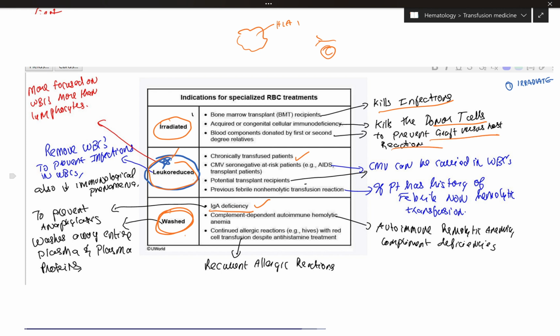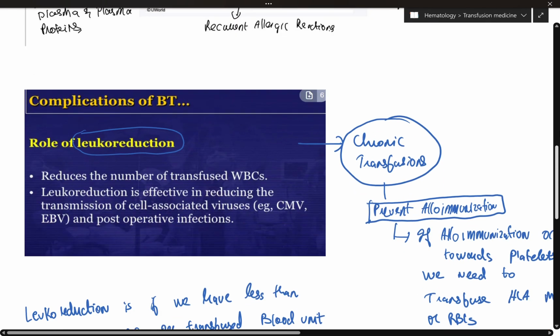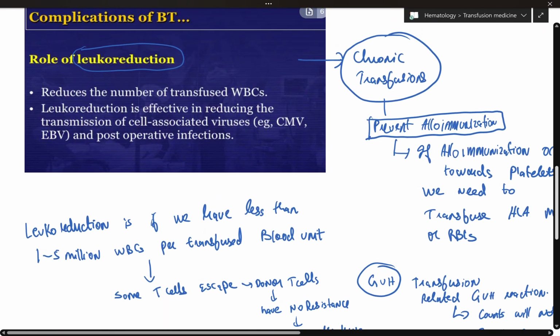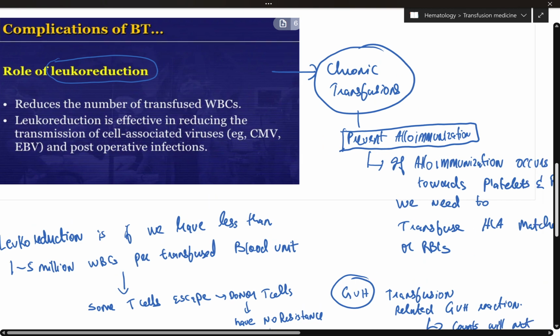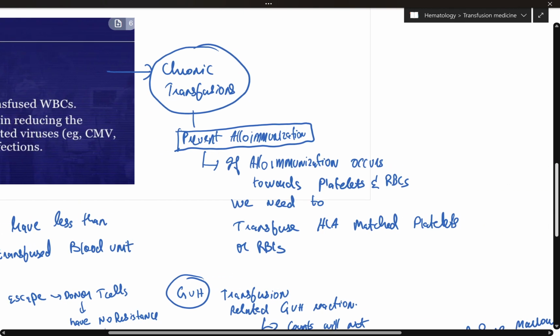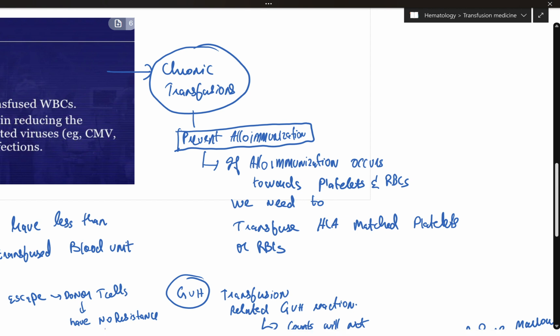Leukoreduction removes WBCs, granulocytes and so on. In frequent transfusions you want to prevent alloimmunization. If alloimmunization occurs towards platelets and RBCs, we need to transfuse HLA matched platelets and RBCs, which becomes impossible to find, and then the patient ends up dying.